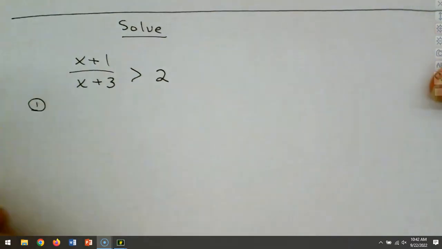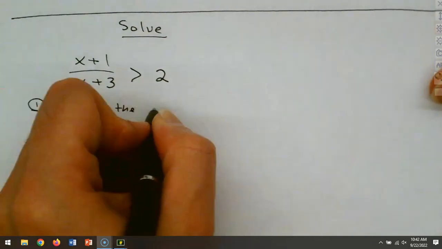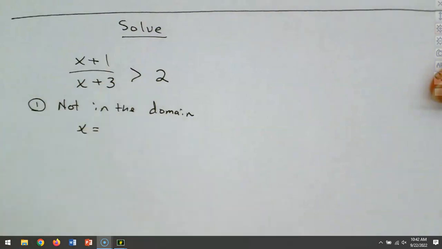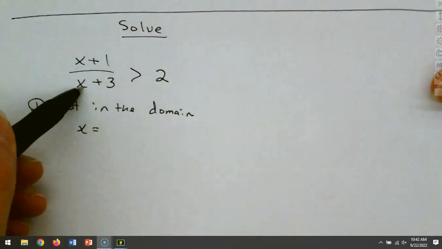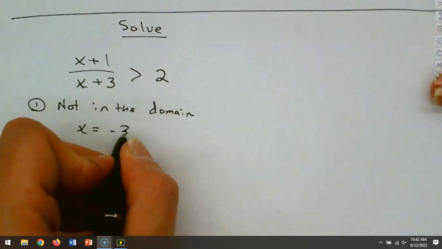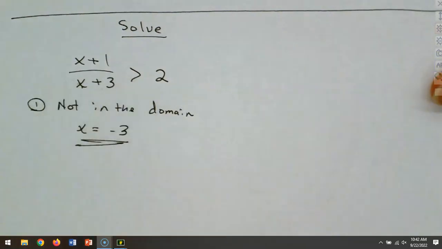Step number 1, what number is not in the domain? Can someone tell me what number is going to be down here? What number makes it 0 here? Okay, negative 3, right? Because negative 3 plus 3 makes it 0. Because you set that equal to 0 and solve, remember? So that's one of them.